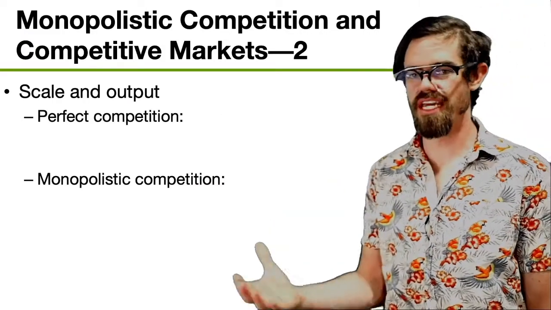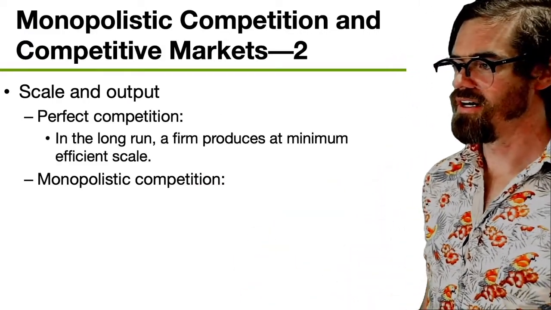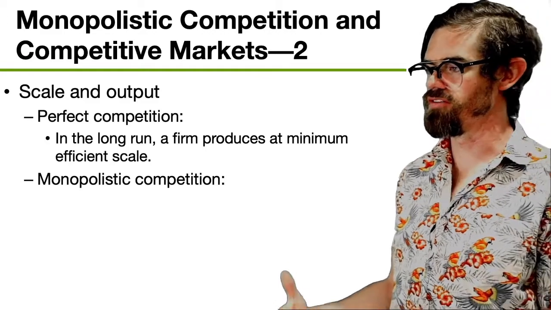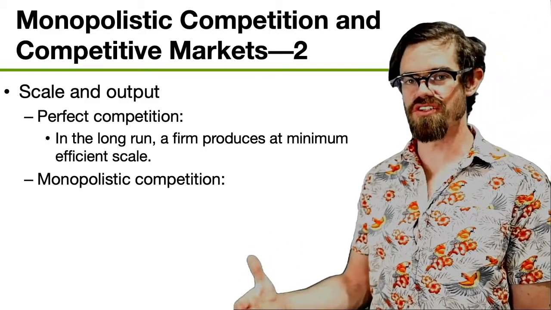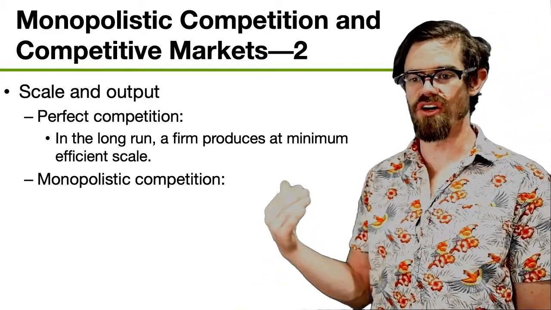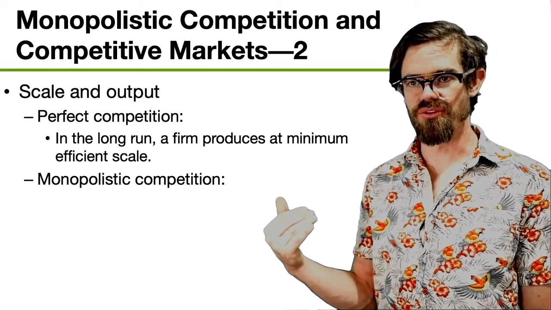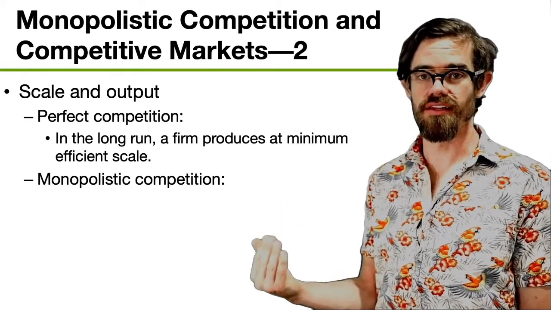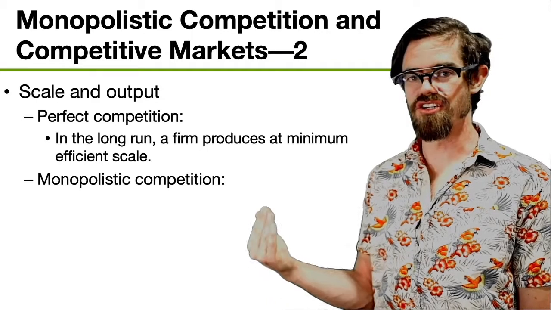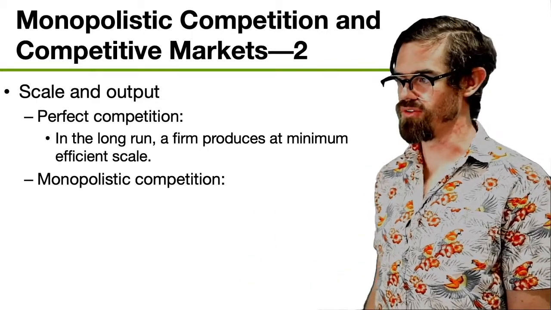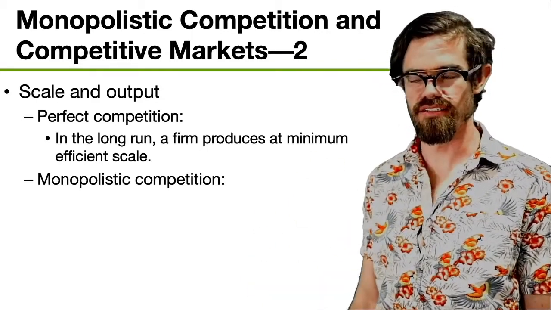All right, so in terms of scale and output, under perfect competition in the long run, the firm produces at minimum efficient scale. It produces at its lowest average total cost. It produces the smallest quantity that achieves the minimum average total cost. That's what minimum efficient scale is, if you don't recall.